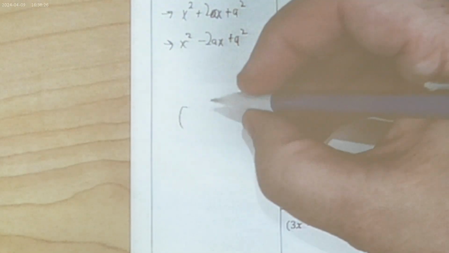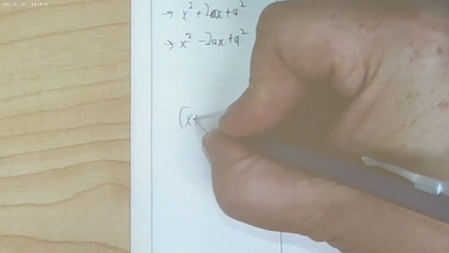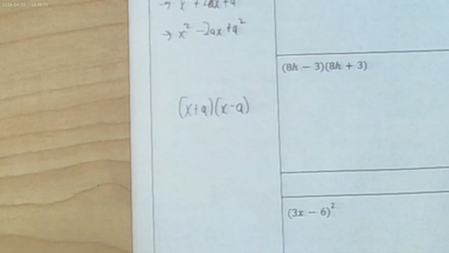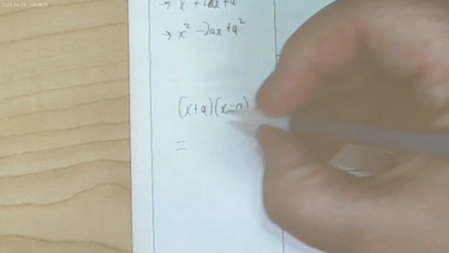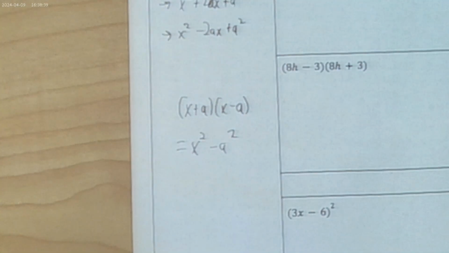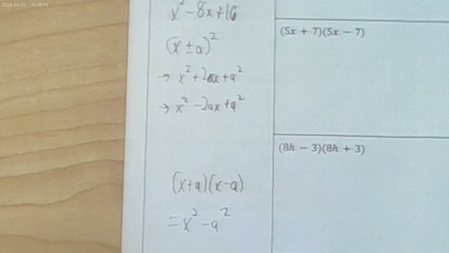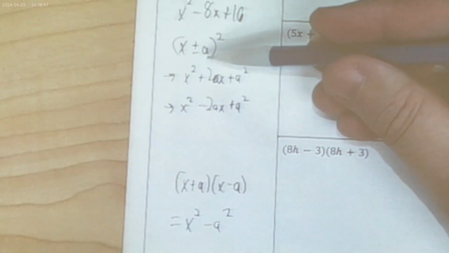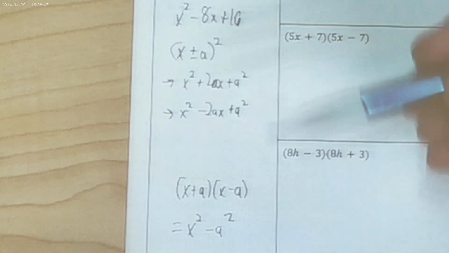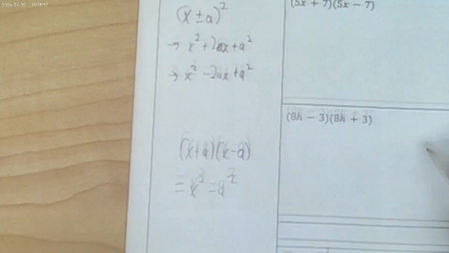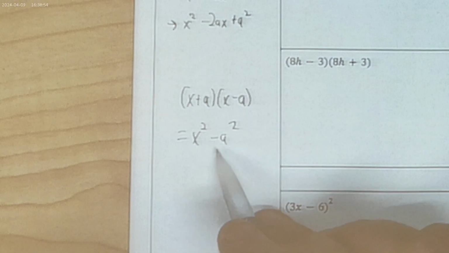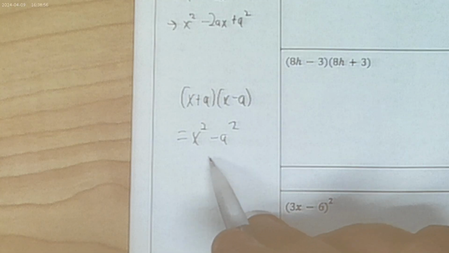But if you have x plus a and x minus a, that is always going to equal x squared minus a squared. So up here, depending on whether you had plus or minus a for the perfect square, you would get plus 2ax or minus 2ax. No big deal, right? Down here, if you have plus and minus in the multiplication, you will always get x squared minus a squared.